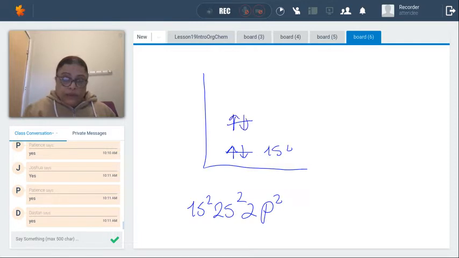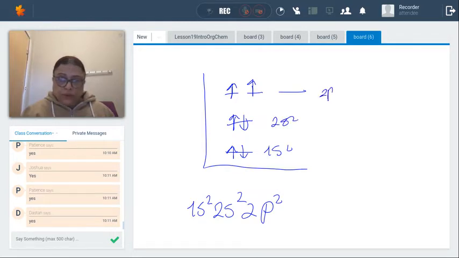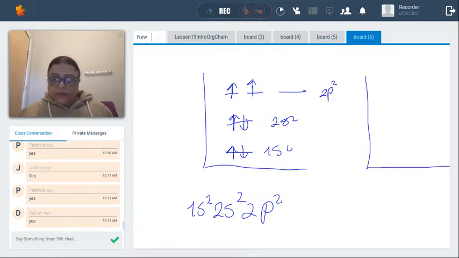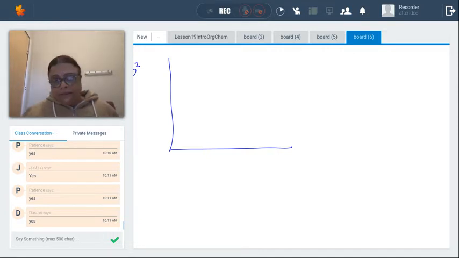We look only at the valence electrons because they are the ones responsible for the chemical bonding. So this is 2s2 and this is 2p2 electrons.